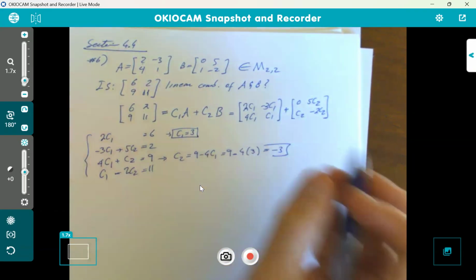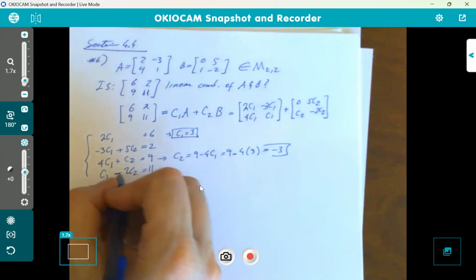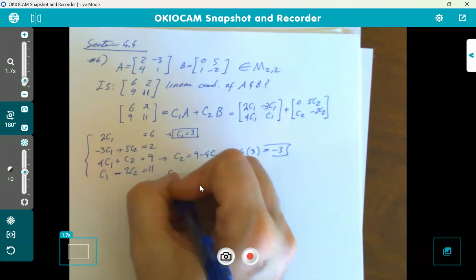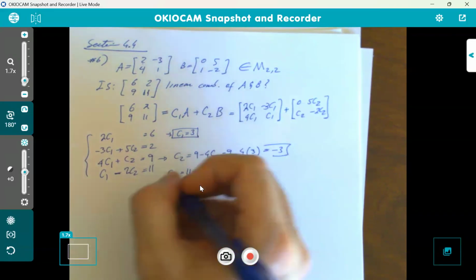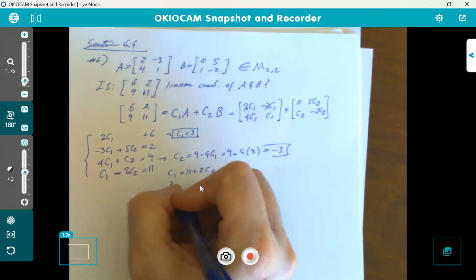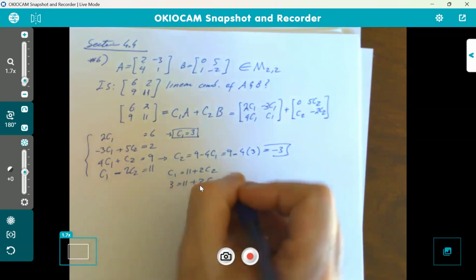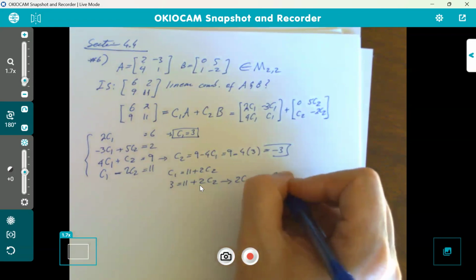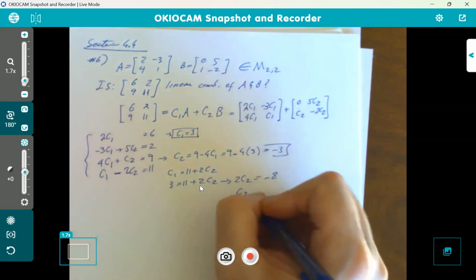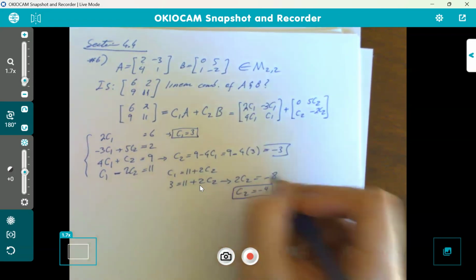So C2 is negative 3. Well, let's take a look at the last equation. C1 is equal to 11 plus 2C2. Well, C1 is 3, right? 3 equals 11 plus 2C2. So from this, 2C2 must be negative 8. Subtract 11, divide by 2, and I get negative 4.